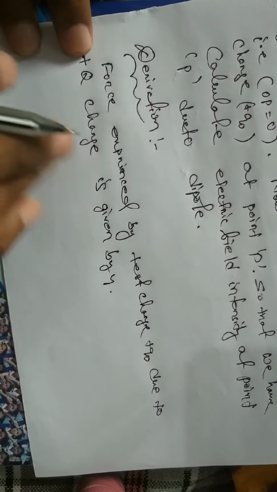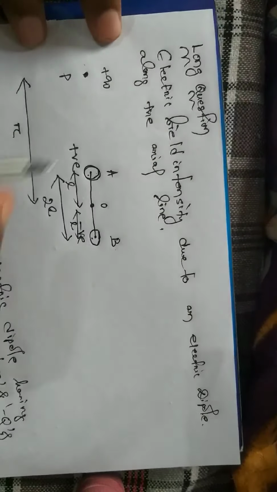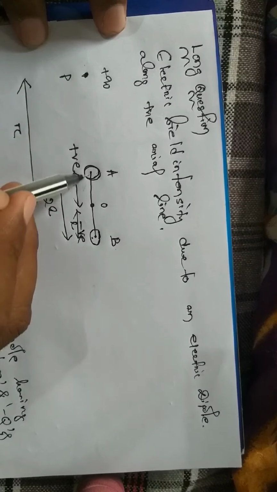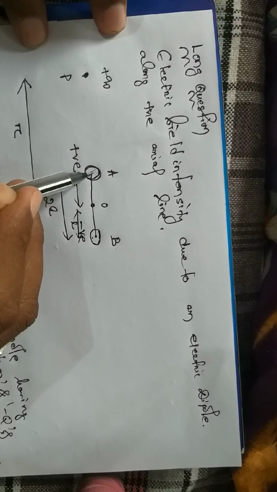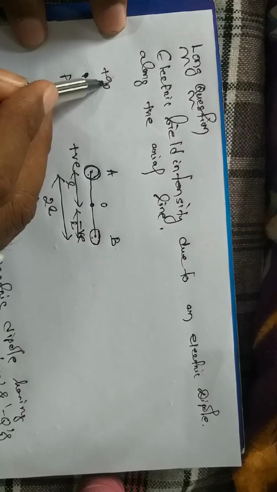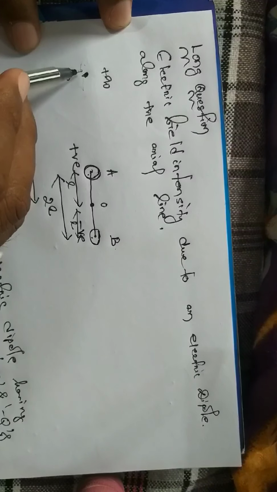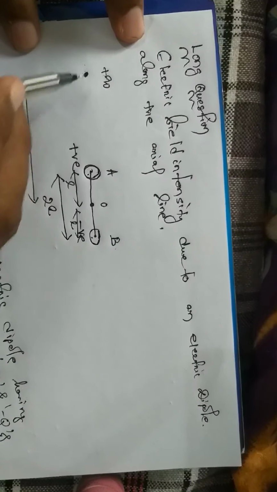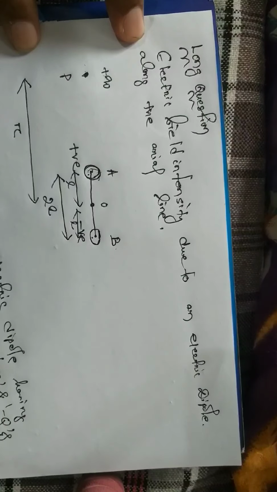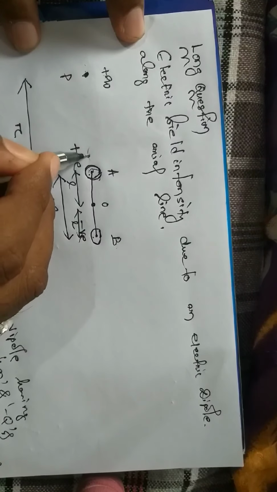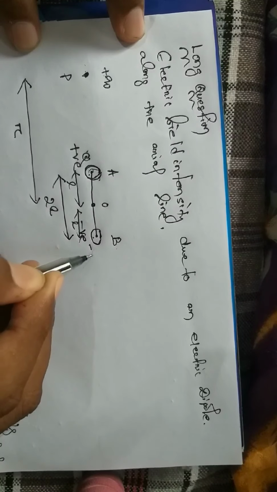So here, due to the plus Q charge, the force experienced by the test charge is a repulsive force because the source charge is positive. So the positive charge is here and that is the negative charge.